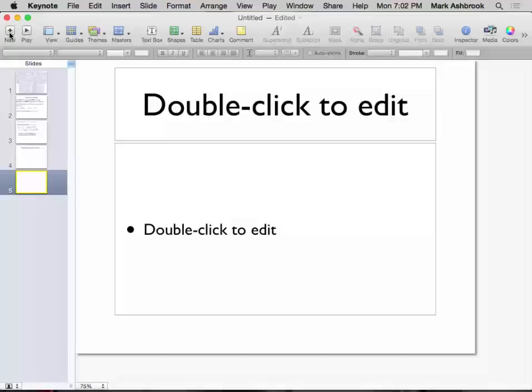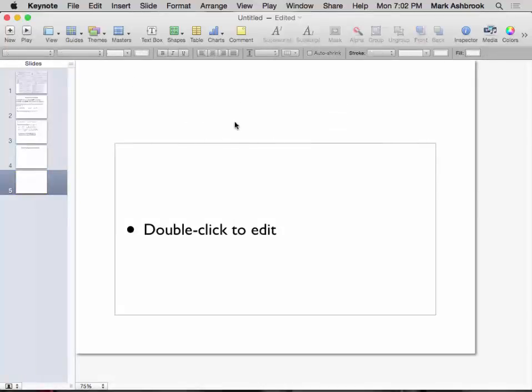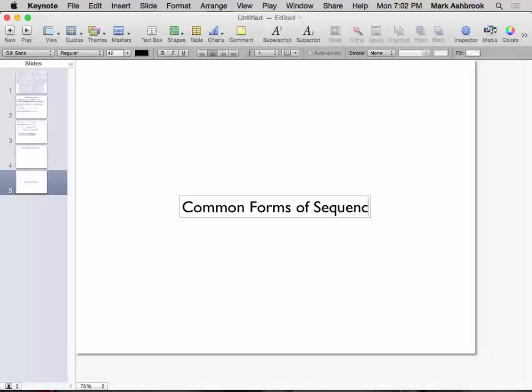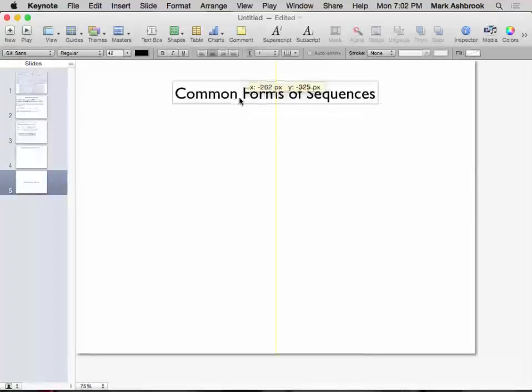Yep. So now some common forms of sequences. Okay, first common one, 1 over n to the r.